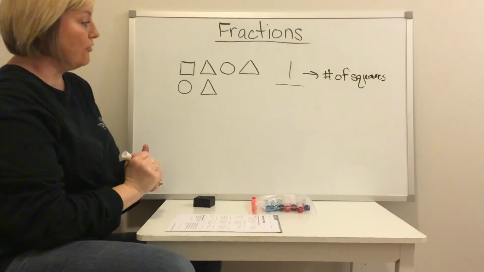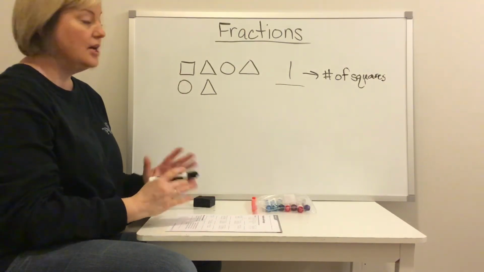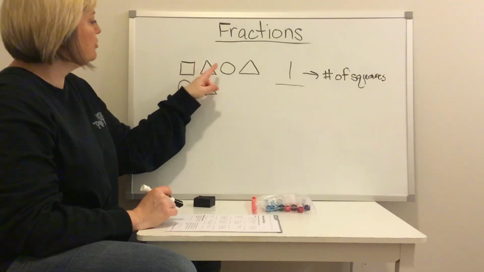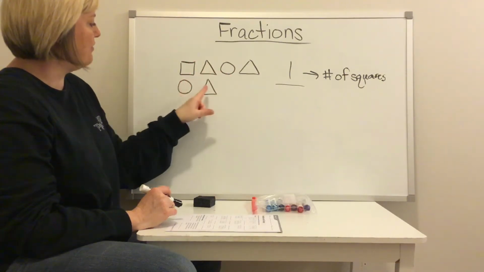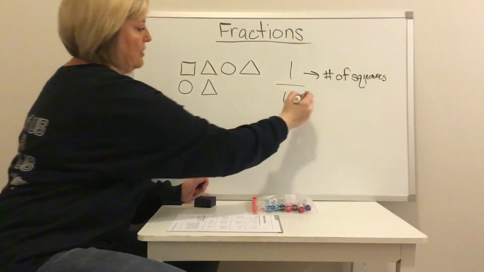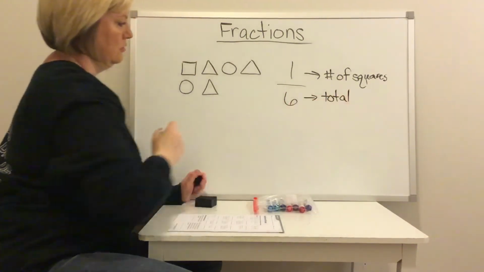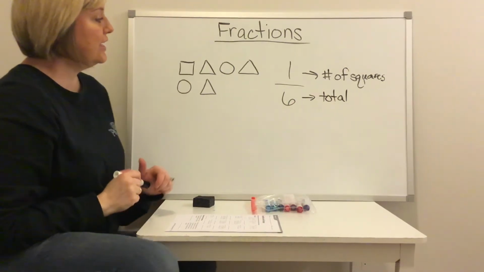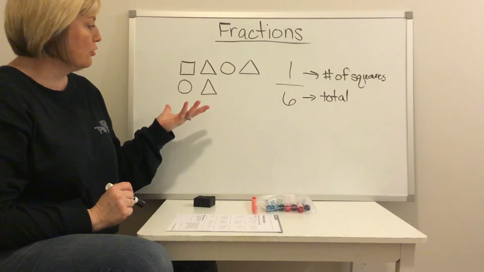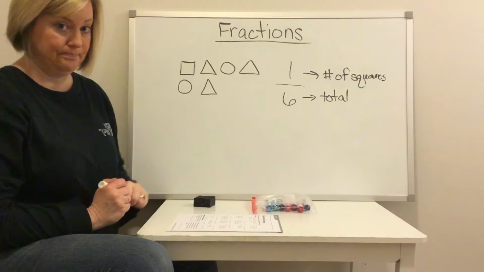Now, for my denominator, I need to look at the entire set and count how many there are all together. There are 1, 2, 3, 4, 5, 6. So 6 is my denominator. That's my total. So I would read my answer for the part of this group that is square as 1/6. Okay?